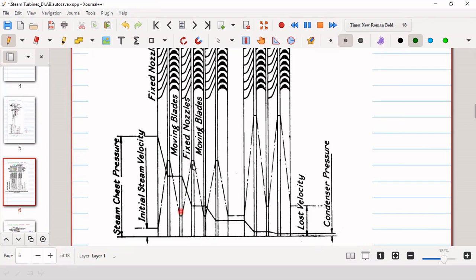This is the expansion in the nozzle again, and again it will be from some velocity coming to V1. So this will be V1 and this is V2. All the velocities are V1, right? And this is V2.